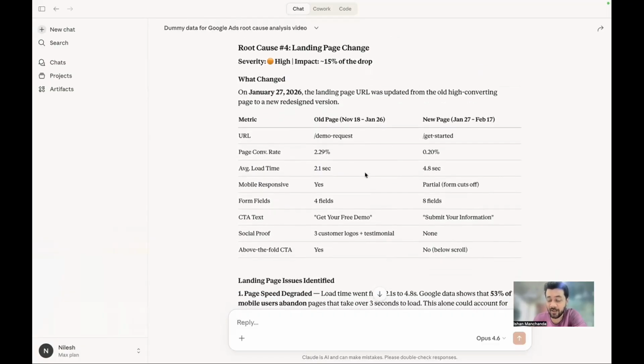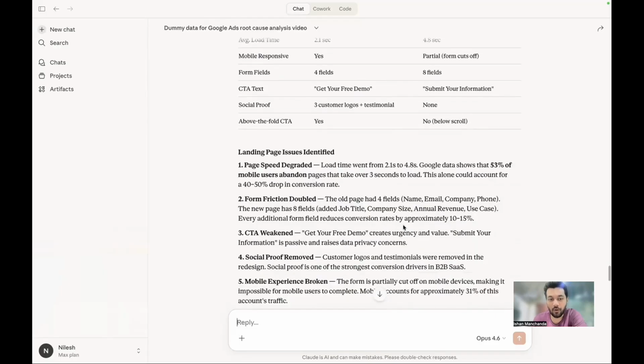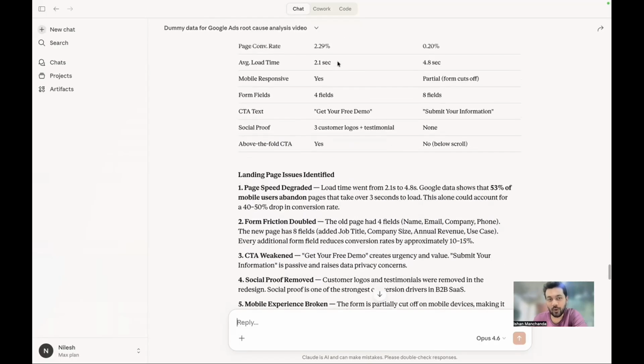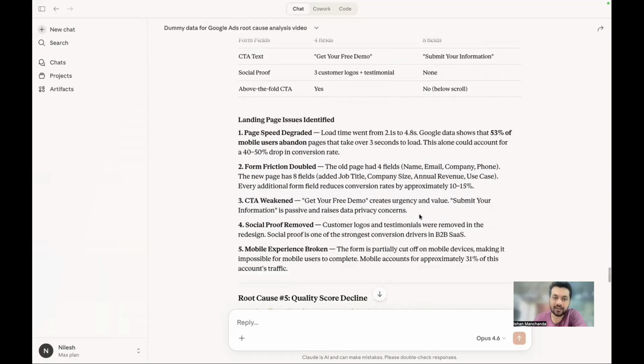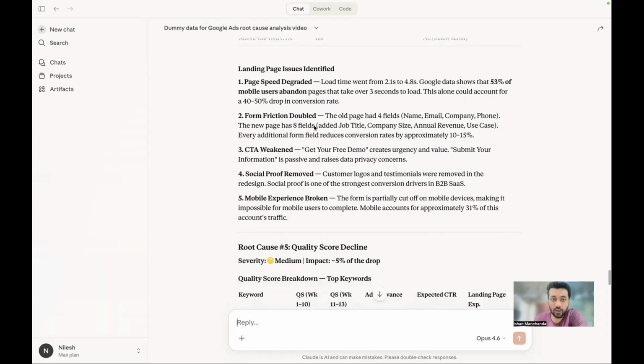There have been some changes on the landing page, a 15% drop. Again, it's broken down completely so you know where things went wrong, right? And you don't even have to look at the table and understand. It'll give you the answer itself, right? So load time increased. Mobile users are abandoning more because it took more than 3 seconds to load. There's form friction which has completely doubled.